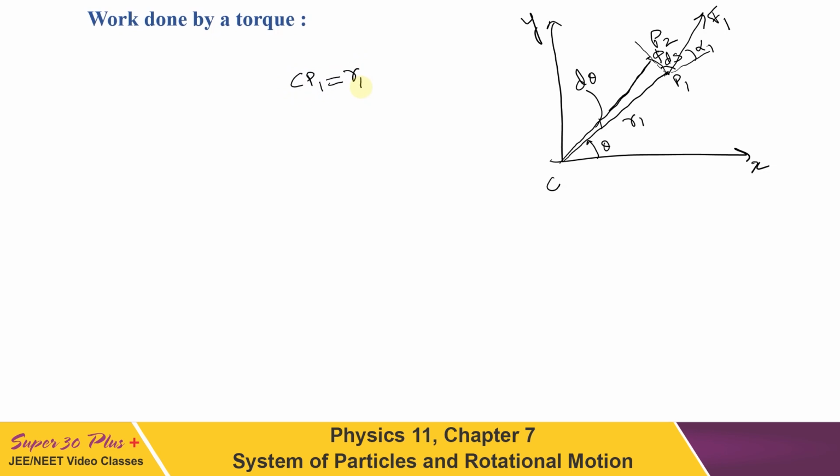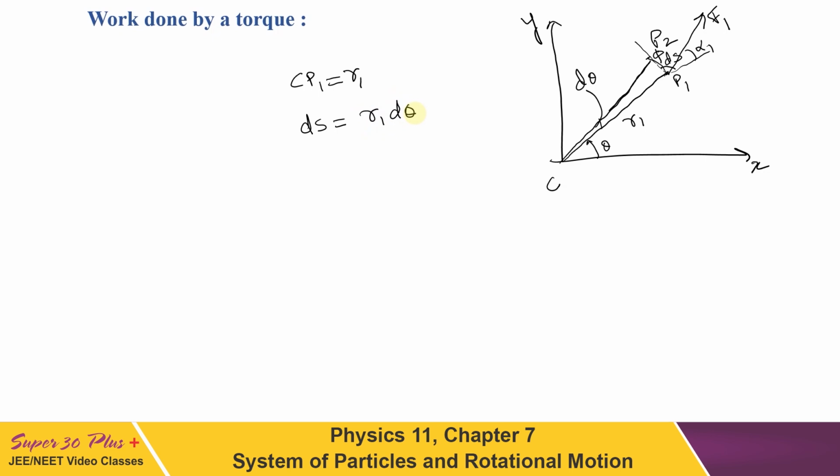Now in time delta t, the point has moved to another position P2, and displacement is ds. Therefore magnitude of ds is the arc, equal to R1 d theta, and its direction has to be tangent to the path.